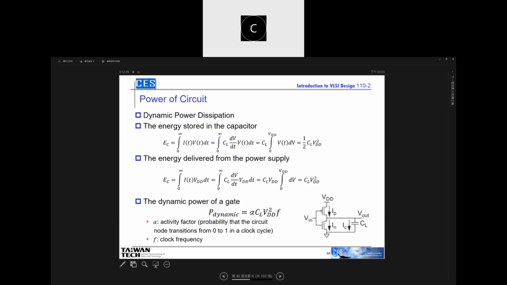We will talk about alpha more in later slides. But P dynamic equals alpha times CL times VDD squared times F is one of the very important equations in VLSI circuits, because all the low power techniques basically come from this equation. We will talk about this more.